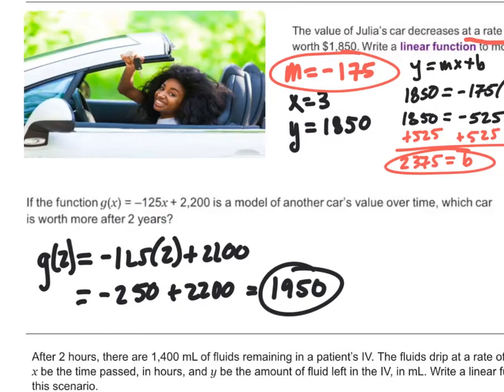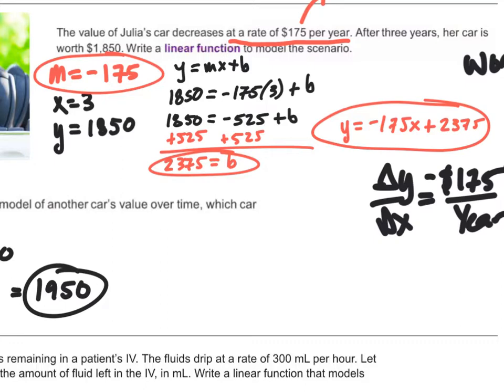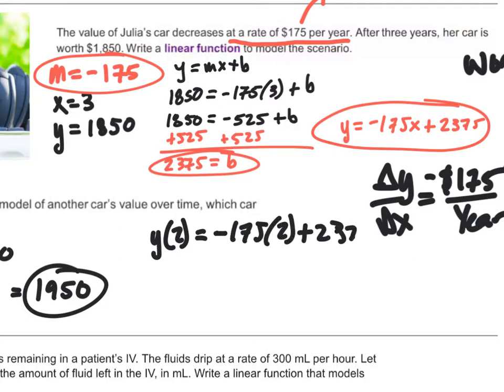All right. Let's take a look at the other car, and let's find y of 2. If I do negative 175 times 2 plus 2,375, so negative 175 times 2 is going to give me negative 350.